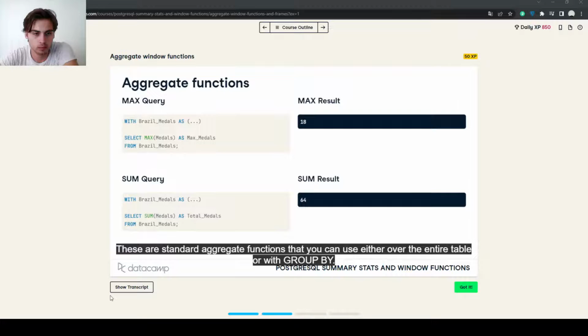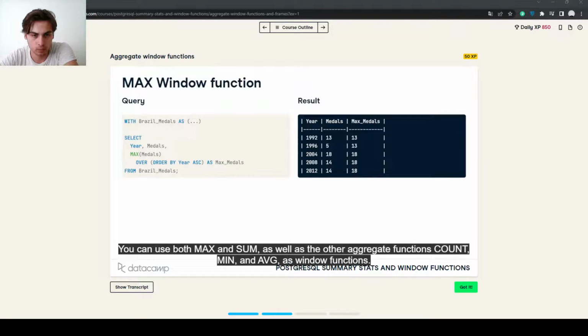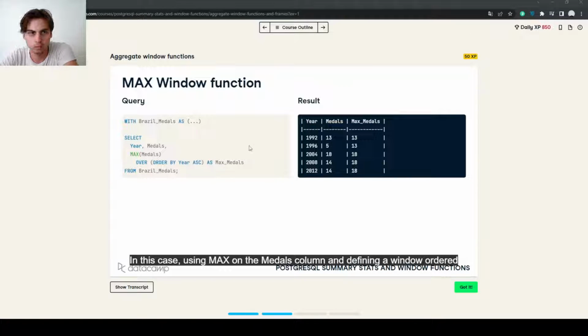These are the standard aggregate functions that you can use either over the entire table or with group by. What if you want to see the maximum medals earned so far, or calculate the cumulative sum of medals earned? You can use both max and sum, as well as other aggregate window functions, count, min, and average, as window functions. In this case, using max on the medals column and defining a window ordered by year in ascending order will show the max medals earned so far for each row.